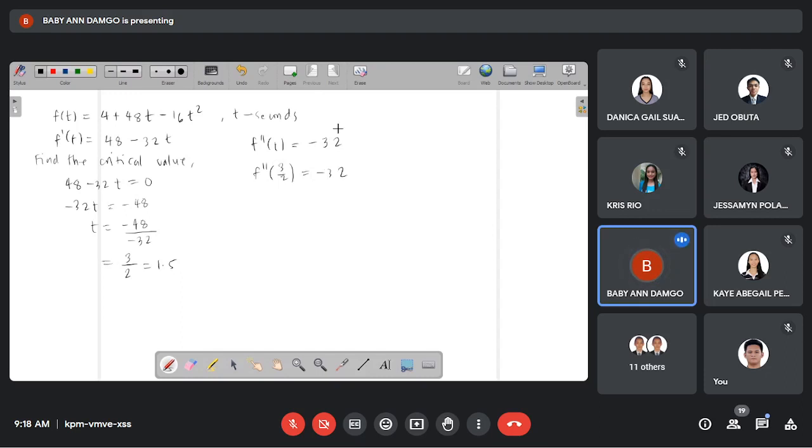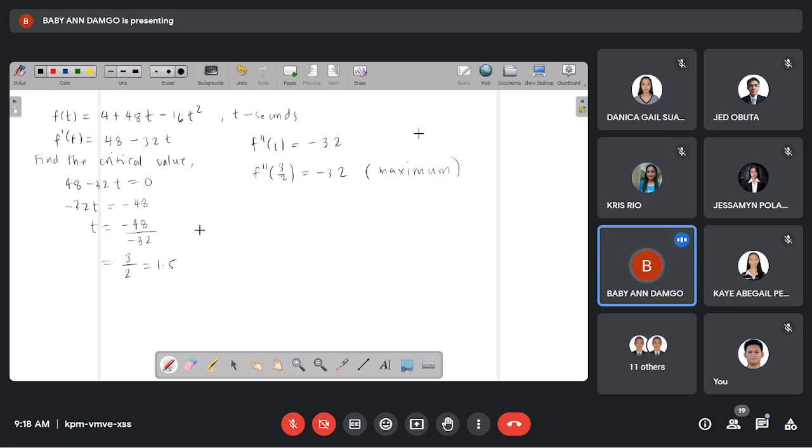So if it is negative, this is the relative maximum. Okay, so meaning at t equals 1.5 seconds, it reaches maximum height.